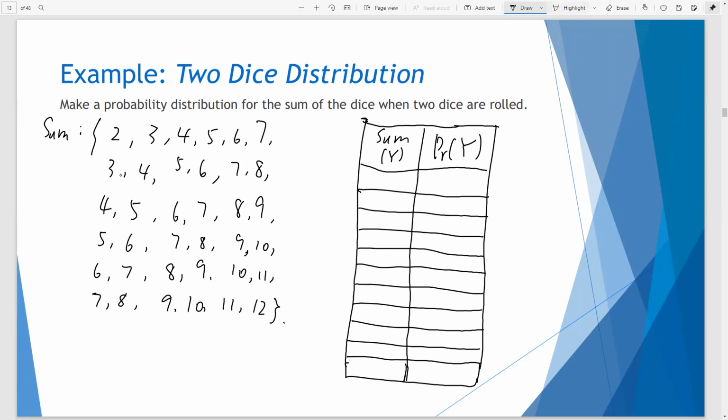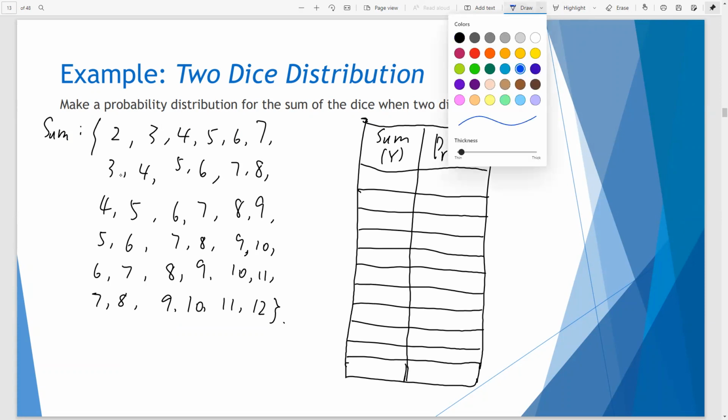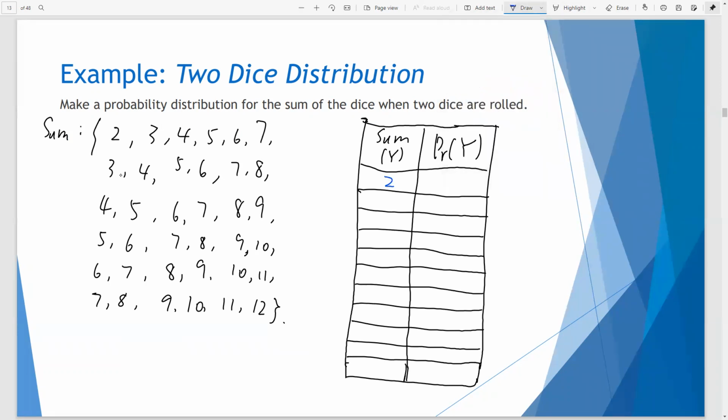That's all the outcomes we see, the sums 2, 3, all the way to 12. We have 36 outcomes in total. From that, the sum 2 has only 1, and the sum 3 has 2 of them.